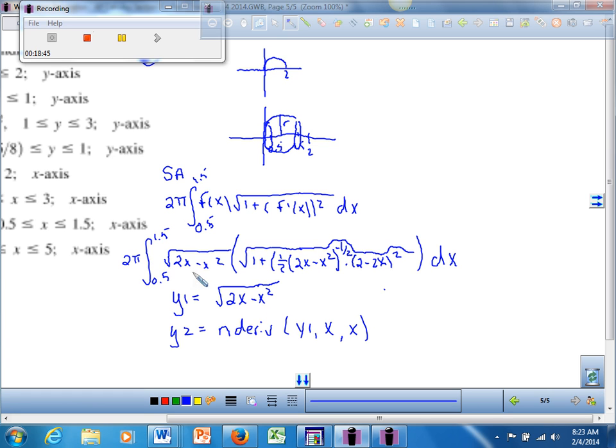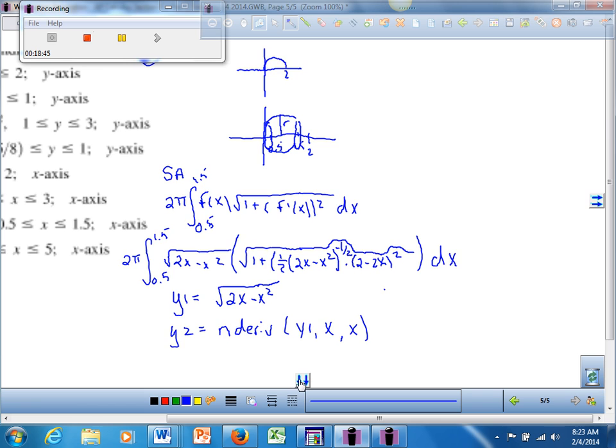Then when I do my integral, this one would be y1 times the square root of 1 plus y2 squared. You see how helpful that is, instead of having to type all of that in? Because that prime is actually squared in the formula.